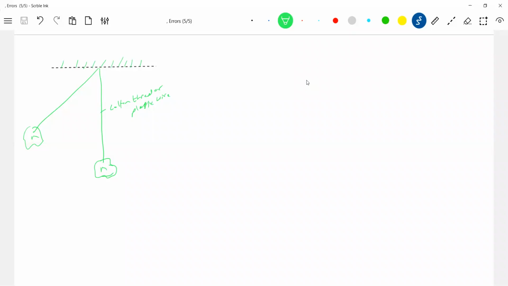First you calculate the time for a number of oscillations. I'm just giving an example of random error. This is the time taken.